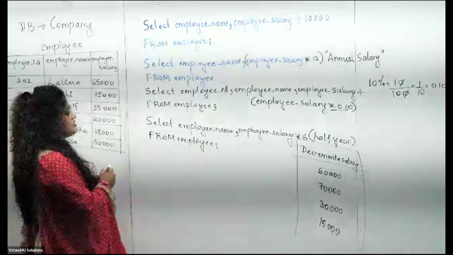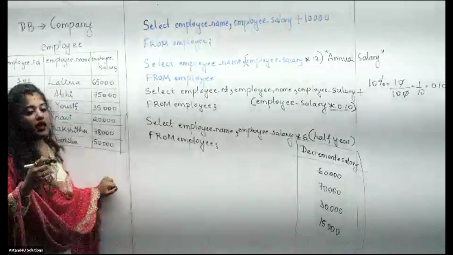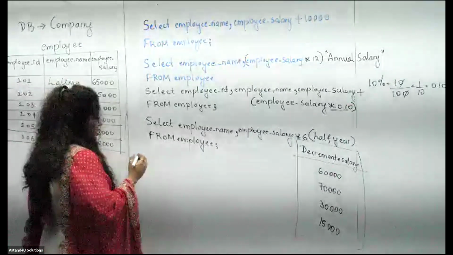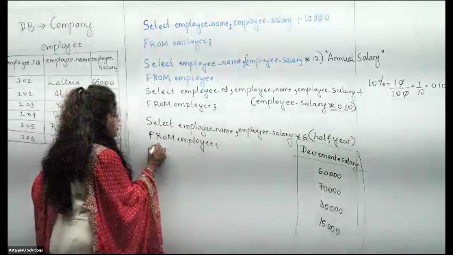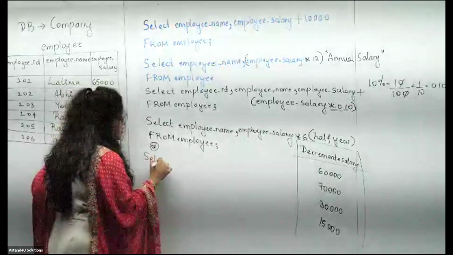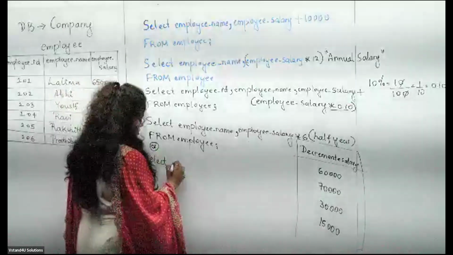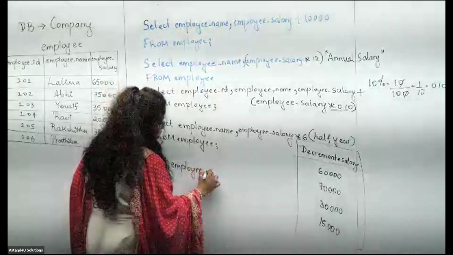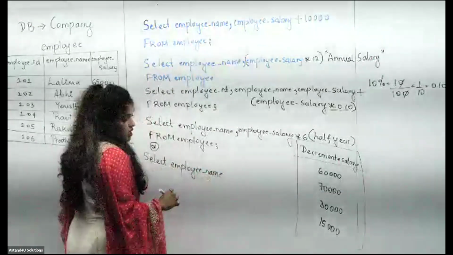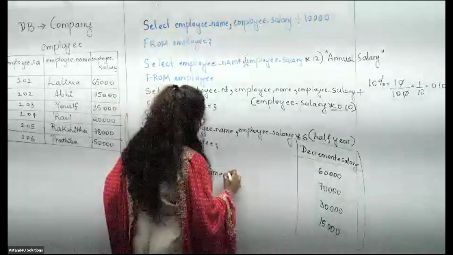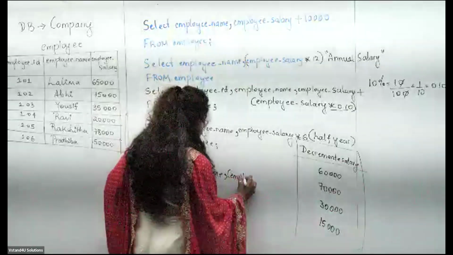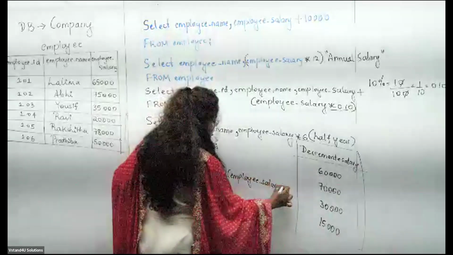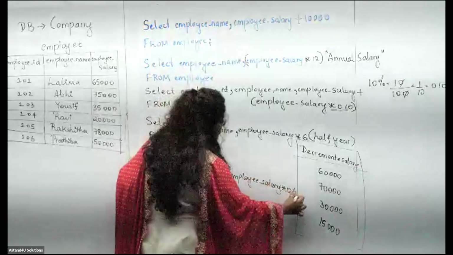Now let me write the same thing. Then another query for this one. It is nothing but select employee name, comma, employee salary into 12 divided by 2.